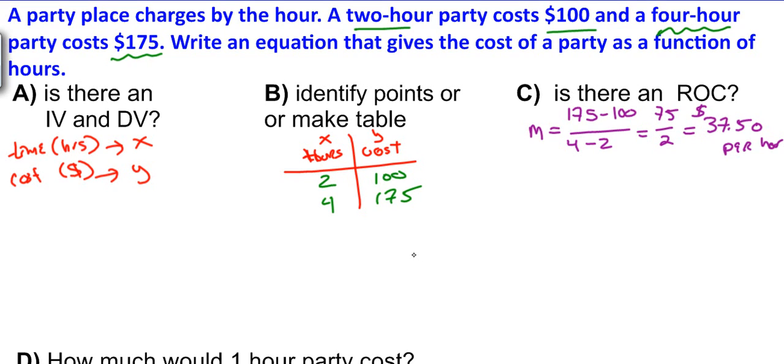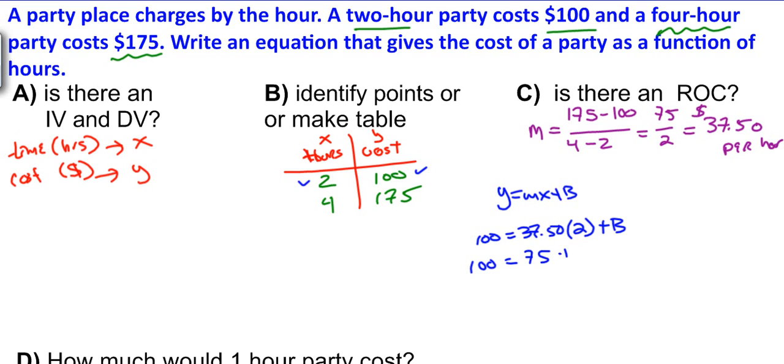Now, excuse me, we have to write our equation, because that's what the problem said. Write an equation. So my equation, I'm going to start with y equals mx plus b. I'm going to pick any y and x pair. I'm going to pick these two here. So 100 equals 37.50 times 2 plus b. 100 equals 75 plus b.